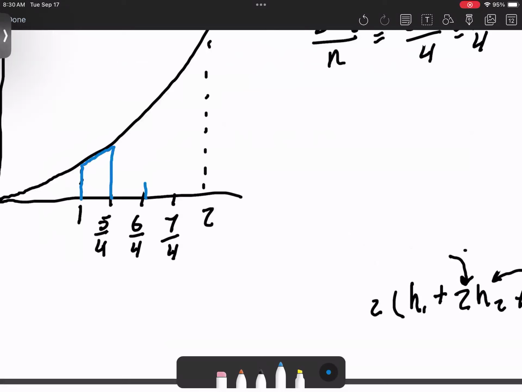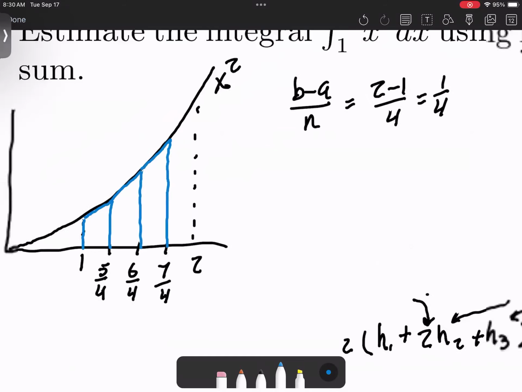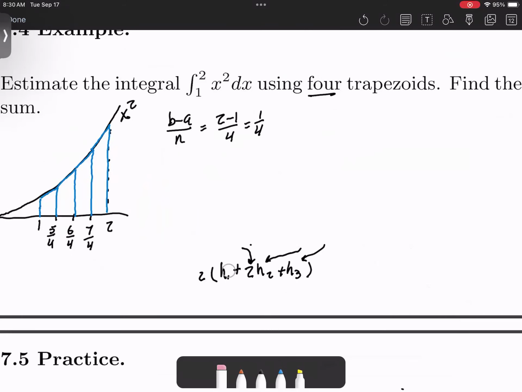So let me give myself a rough sketch of what this is going to look like. There's our first trapezoid, our second, our third, and finally our fourth. So it gives us a much better approximation than just the Riemann sum. So this integral between 1 and 2 of x squared is approximated by the sum of these areas of trapezoids.